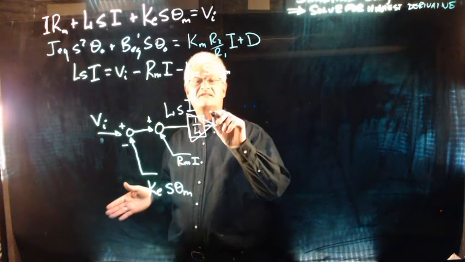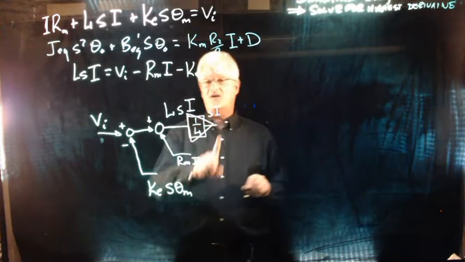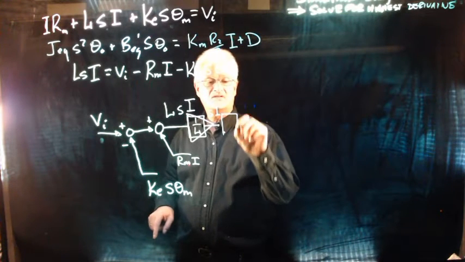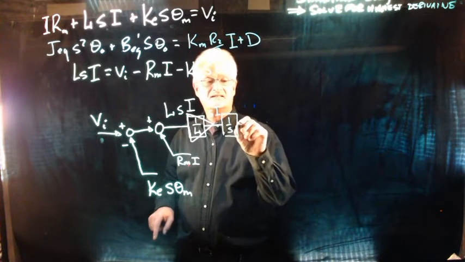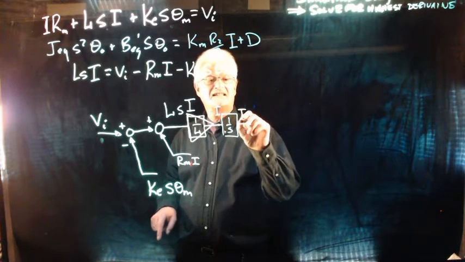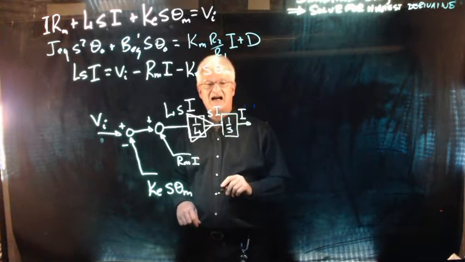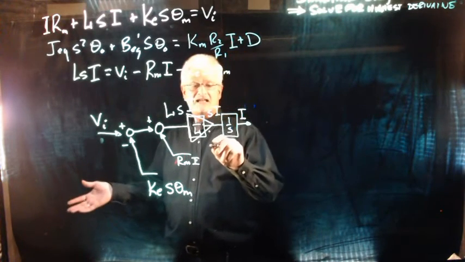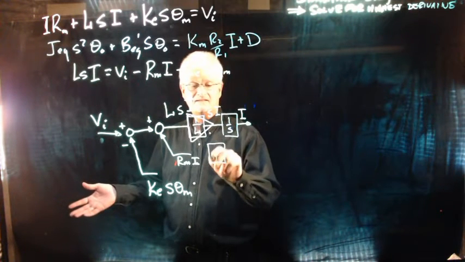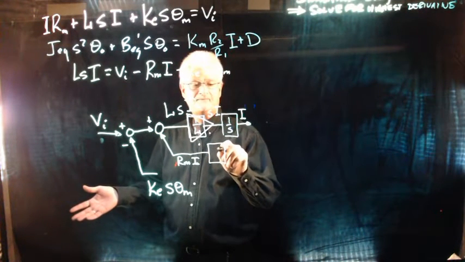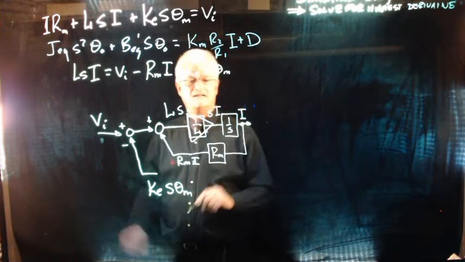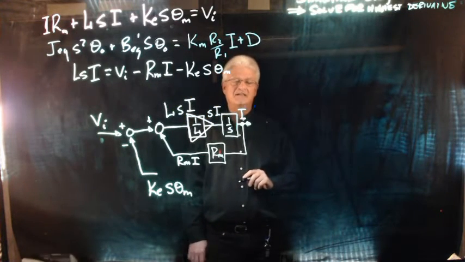So what comes out of here is the variable S times I. Now, I don't want S times I, I'm looking for I. And so right here I am going to multiply by 1 over S. If I multiply by 1 over S, that gives me I. That's the current I. Now I could just go ahead and hook these two together this way. This is going to be Rm times I. And now I've finished my block diagram here.